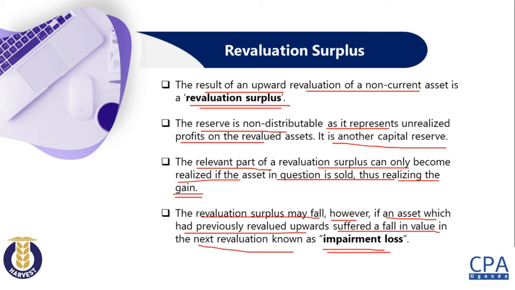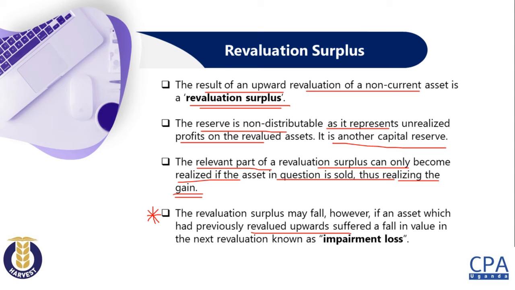Now we are saying that in the fourth bullet, it is not uncommon for the value of assets to fall, and if the value of an asset falls, then we shall have a reduction in the revaluation surplus. We shall need to reduce the revaluation surplus by the previous increase before recognizing an impairment loss in the profit or loss account.